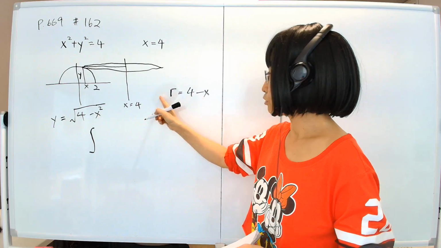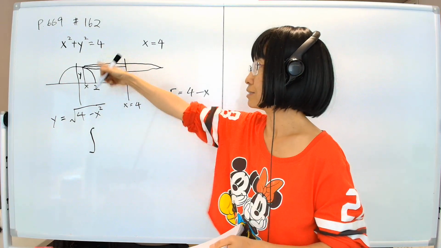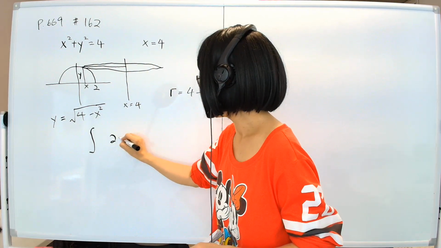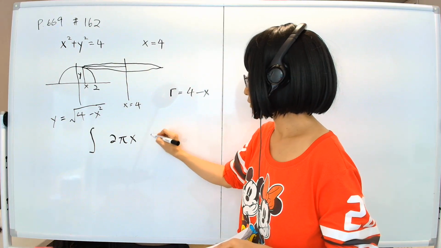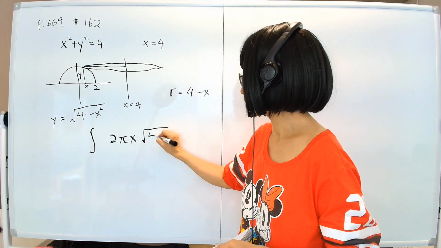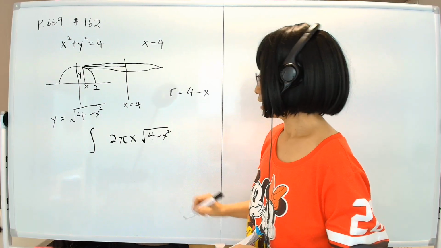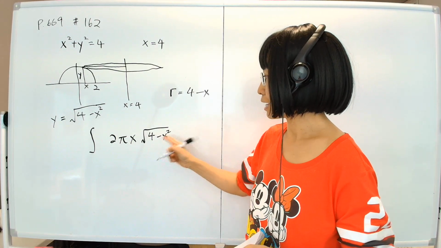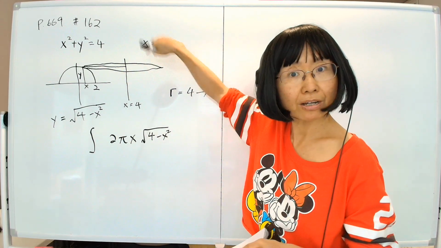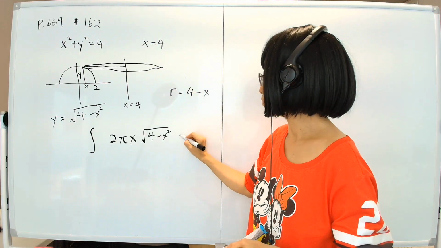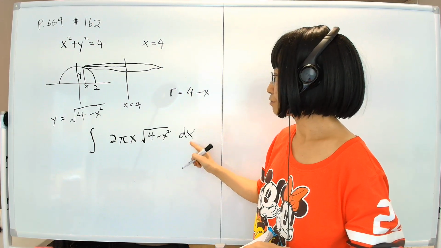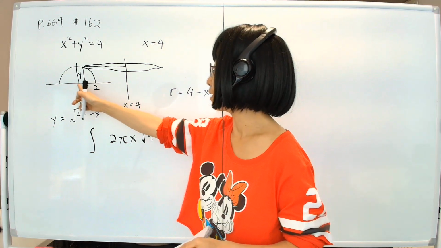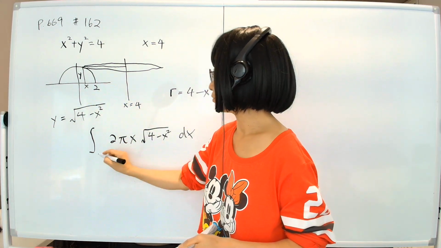We have 2 pi r, which is how big it is around, so 2 pi times (4 minus x), and then the height of the shell is the square root of 4 minus x squared. Together that should be the entire surface area of the shell. Then we multiply by the thickness of the shell, which is dx. So we are going to integrate dx, x going from 0 to 2.